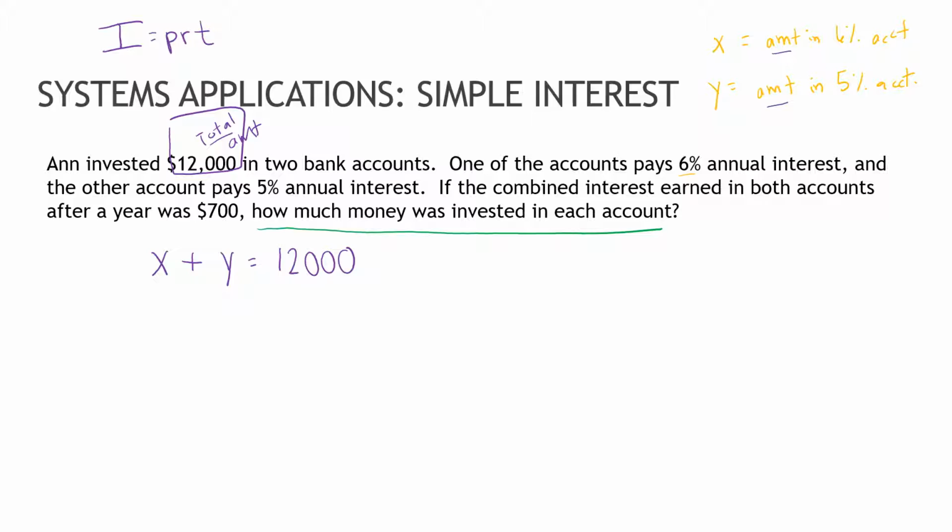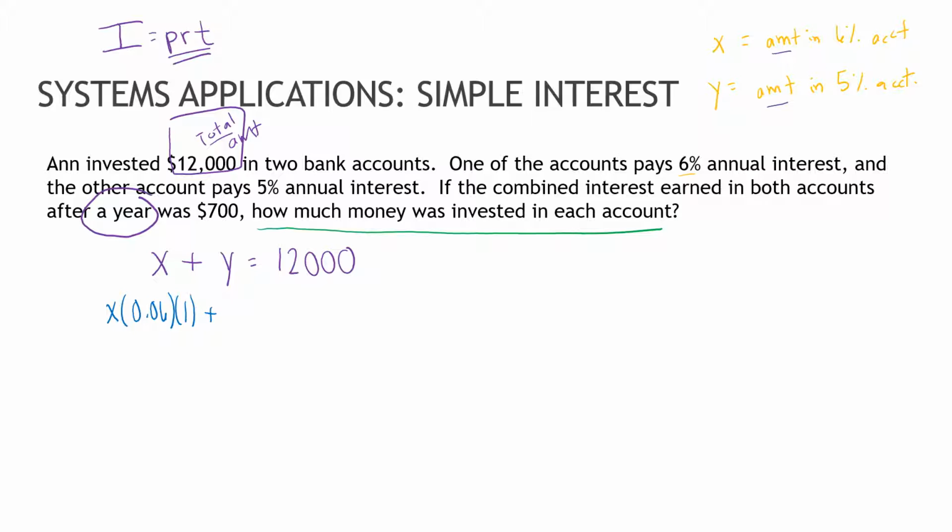In this case we're looking at 1 year, so I'm looking at PRT for each account. So principal of the X account is X, rate is 0.06, time is 1. So this guy is principal times rate times time.